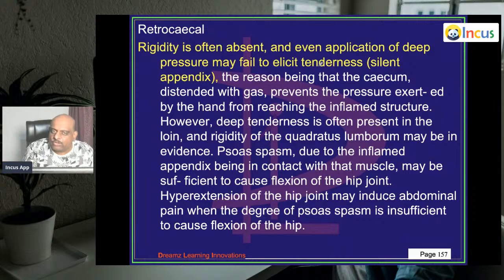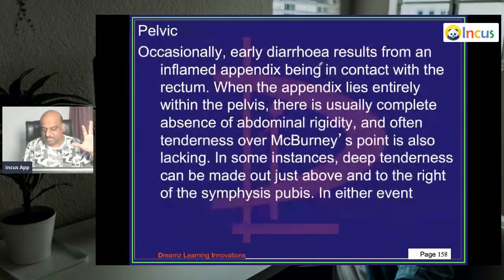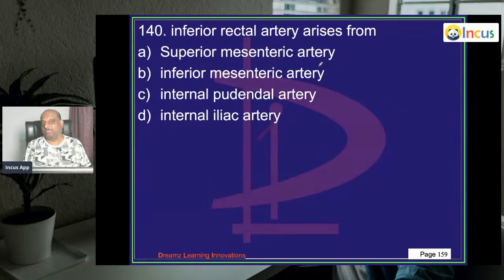That's the reason in the diagnosis of appendicitis, you need not be dogmatic. Hey, this is not there because 2 + 3 is there. It can be 5. No, it may not be 5. It may be 4, it may be 3, it may be 2. Anything can happen. So we cannot be dogmatic in our clinical observations with regard to our diagnosis in case of appendicitis because it's a great mimicker.